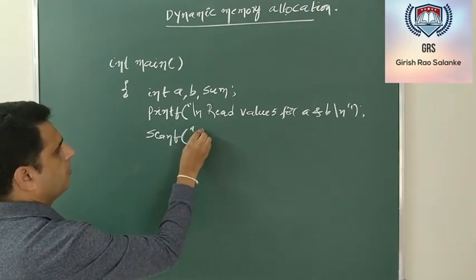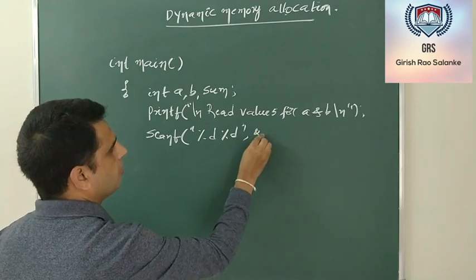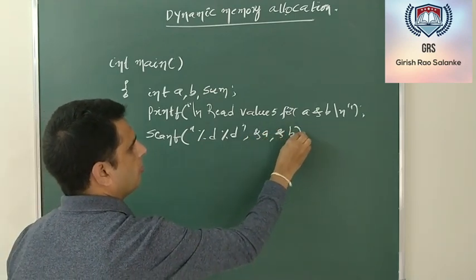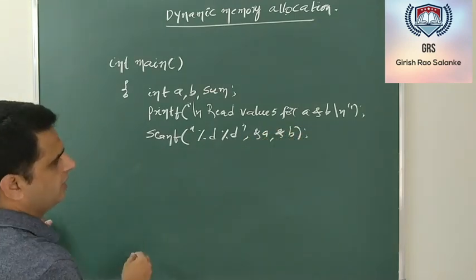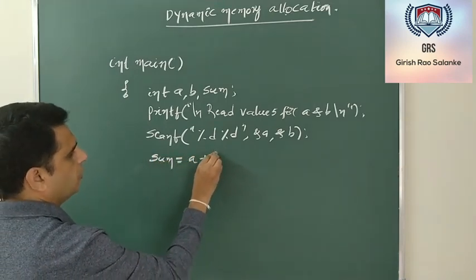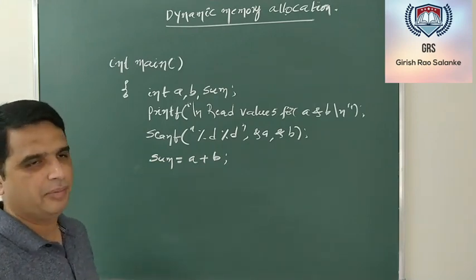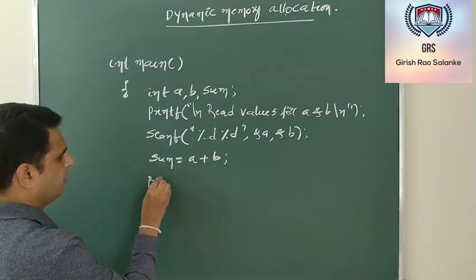Now what I am doing is I am basically reading values for A and B. Whatever value is there in A and B, I am storing their sum in a variable by name sum, and I will print the value of sum.